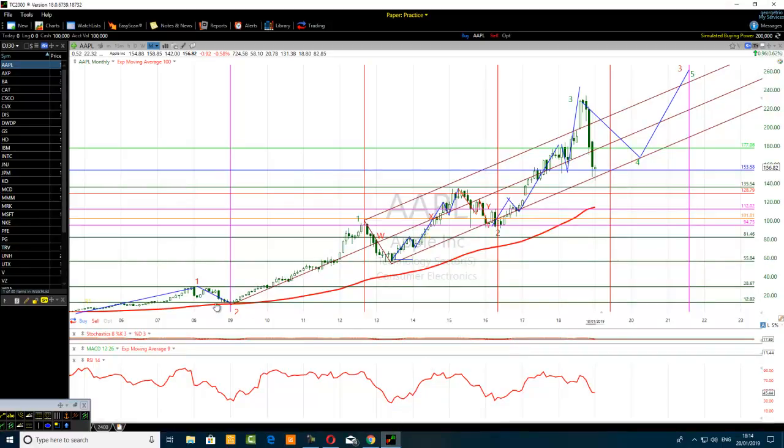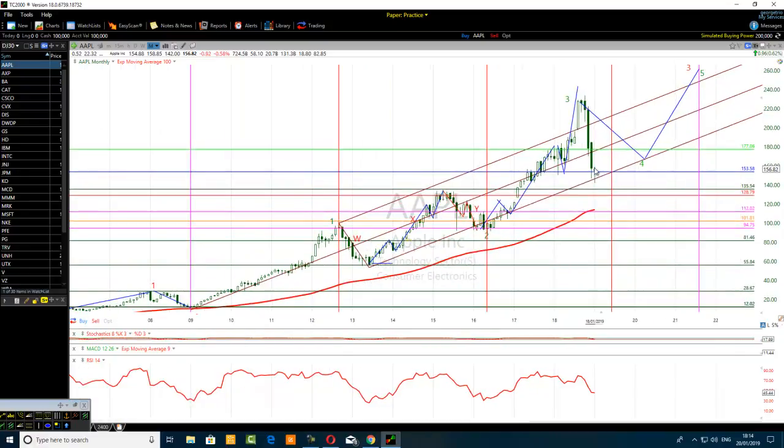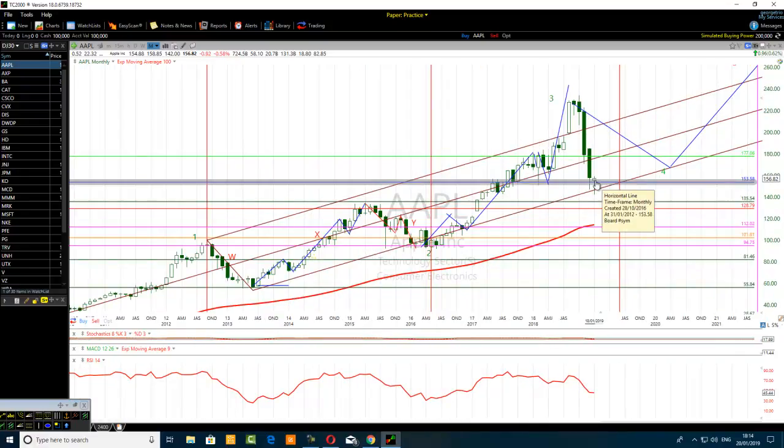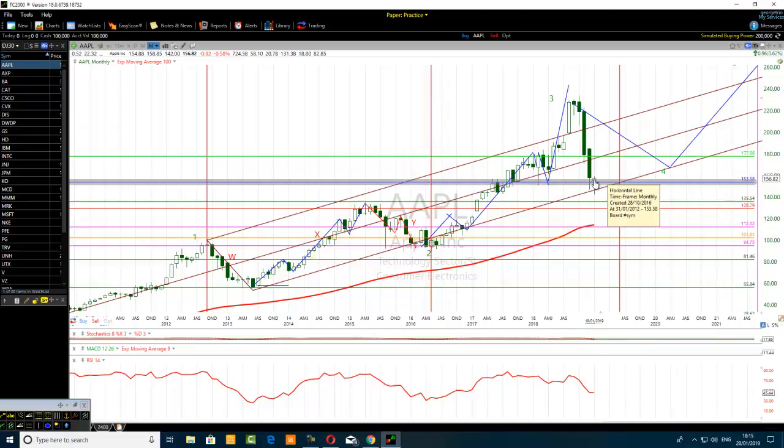Alright, so here it is. This candlestick bar that you see here looks like a hammer, yes or no? But it's not yet closed. Why? Because today is the 20th of January 2019, and though it looks like a hammer right now, that candlestick bar is not yet closed.